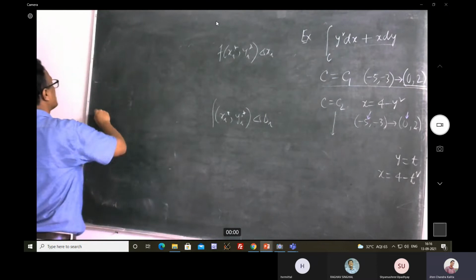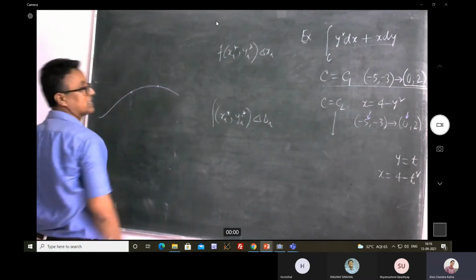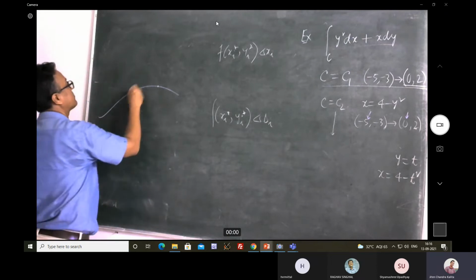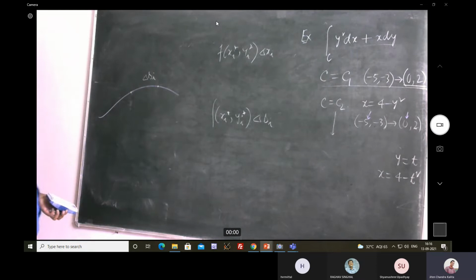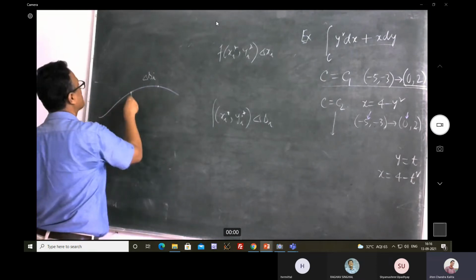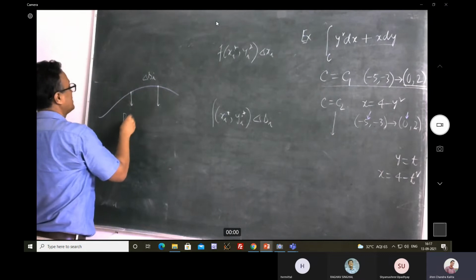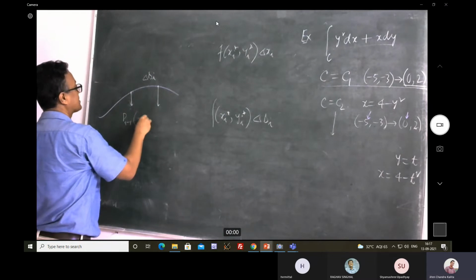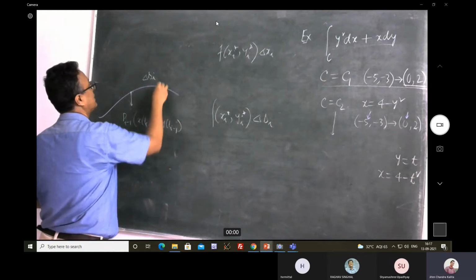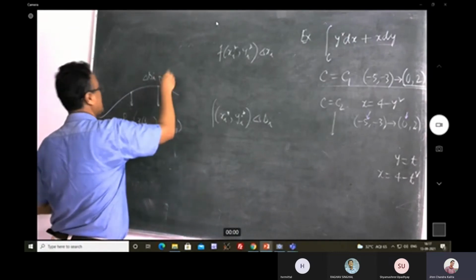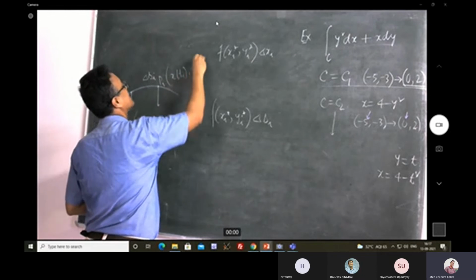Now look here, what was happening? Say if this is the arc I am talking about, then this point is P i minus 1, and it is given by x(t i minus 1), y(t i minus 1), and this point is P i, given by x(t i), y(t i).